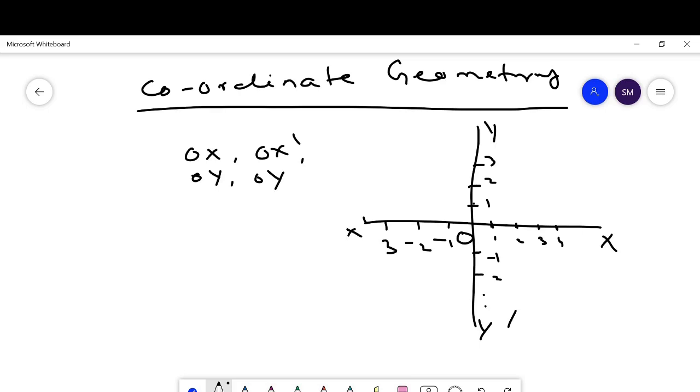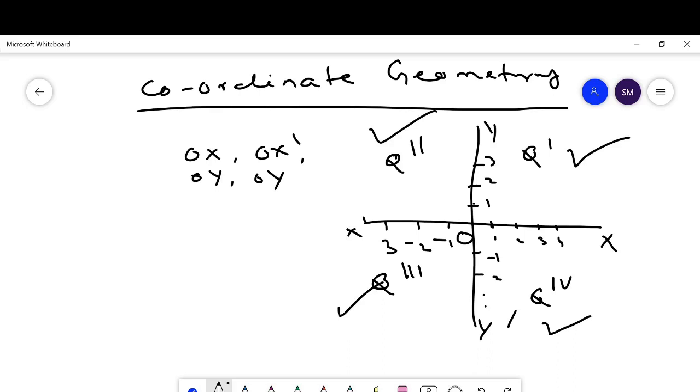Then here there are four quadrants. This is quadrant 1, this is quadrant 2, this is quadrant 3, and this is quadrant 4. In quadrant 1, plus plus means the x coordinate and y coordinate both are positive.